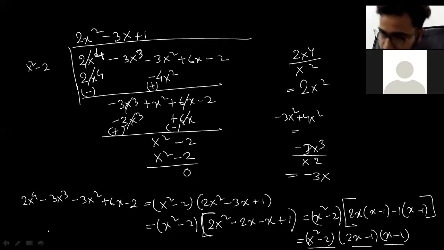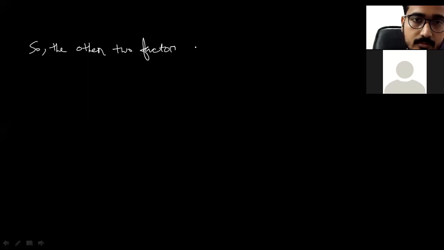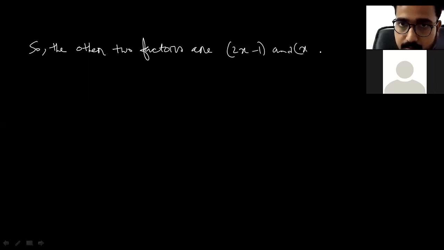Now write down. So the other two factors are 2x minus 1 and x minus 1.